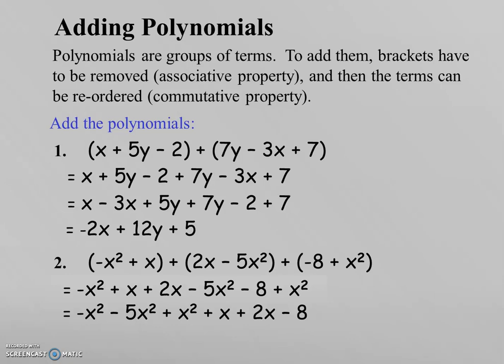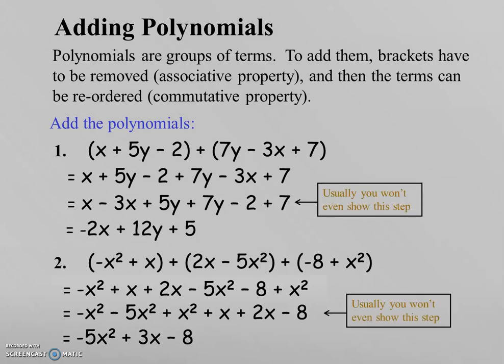So the first three terms combine, the next two, the x terms, and the negative 8 doesn't have a partner. The step where we reorder the terms is something that we're going to end up leaving out. After a little more experience, you'll understand that that's not necessary.